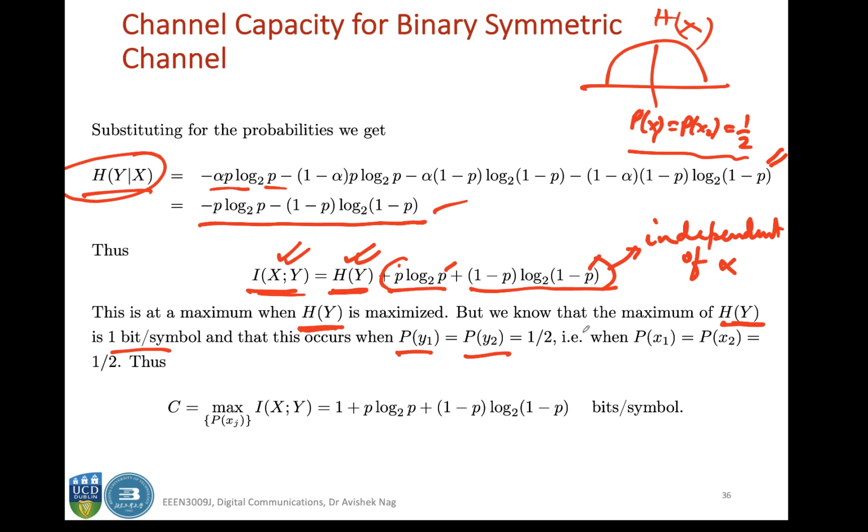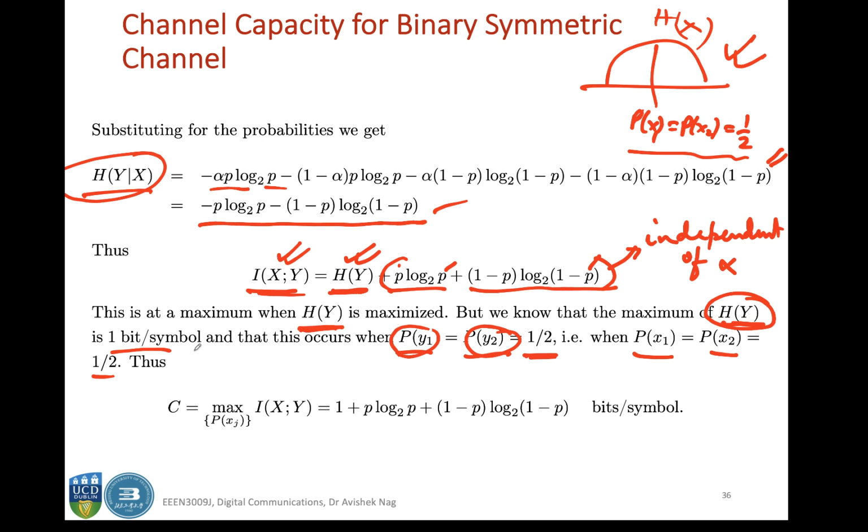So similarly here also we are dealing with H(Y), and this will be maximum based on the same concept. This will be maximum when P(y1) and P(y2) are equal and equal to half, which happens when P(x1) and P(x2) are also half.